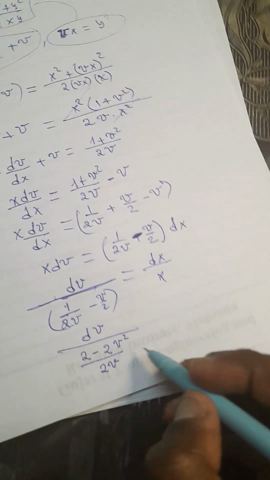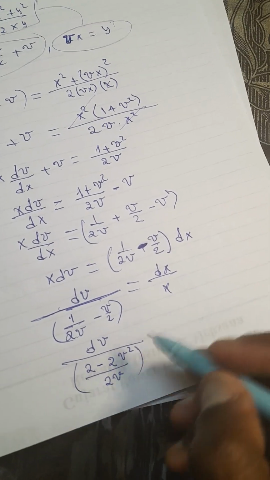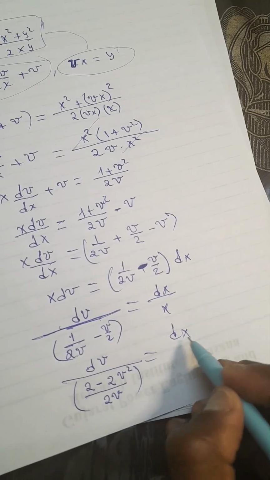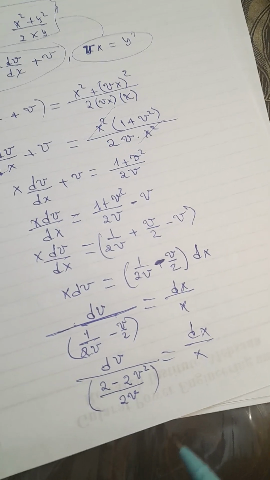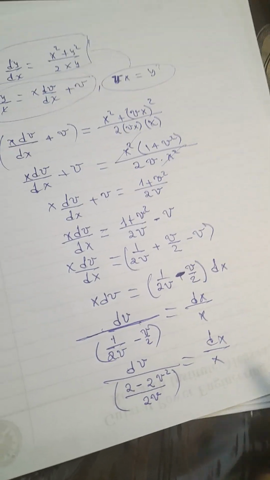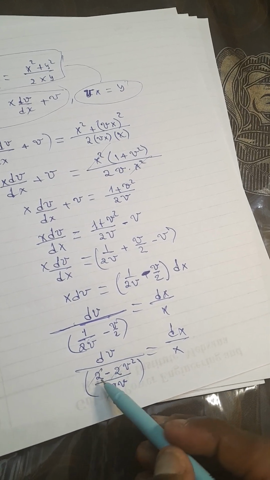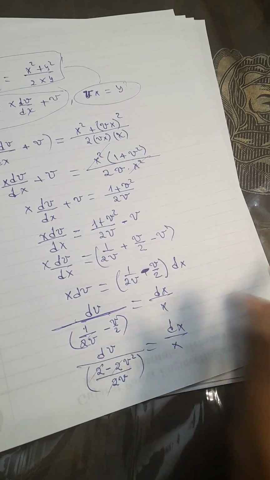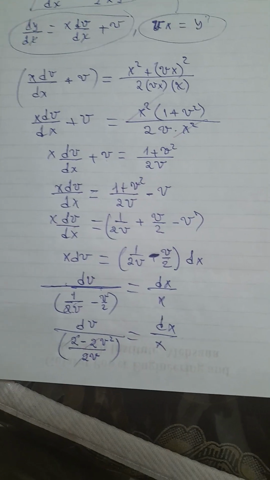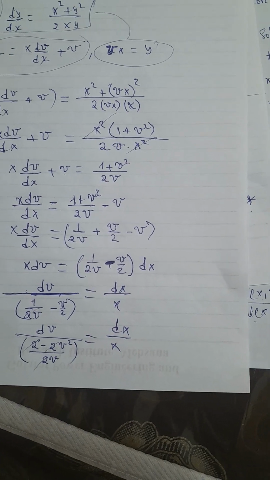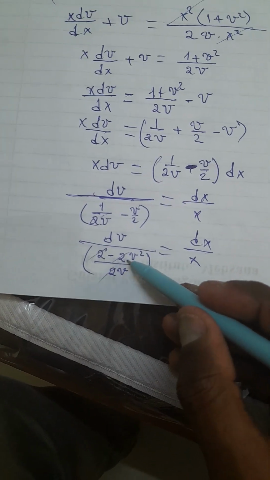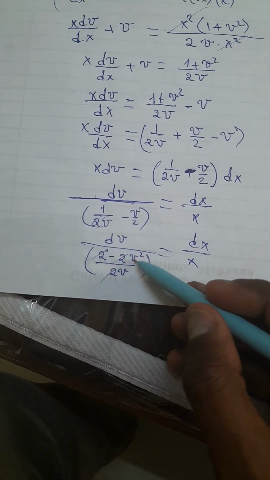You can cancel out all these 2s and you are done, equal to dx upon x. Now you just have to simplify, and you will end up with an expression like this. We are starting from here: this will be v dv, because this down will go up, and this one will remain the same.